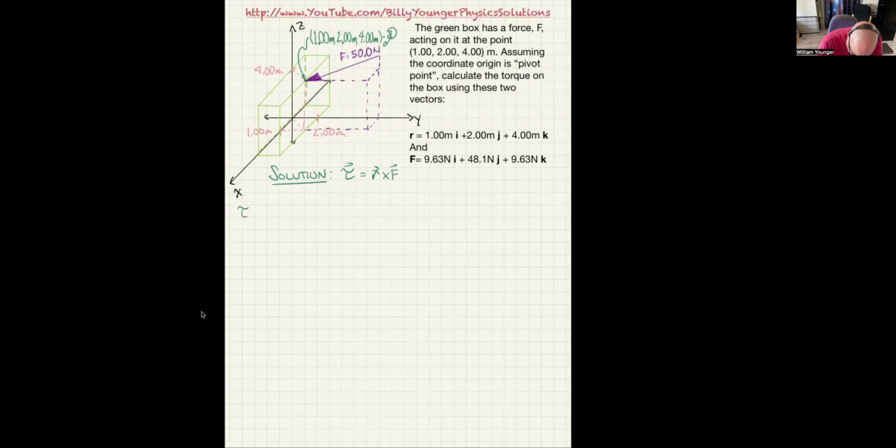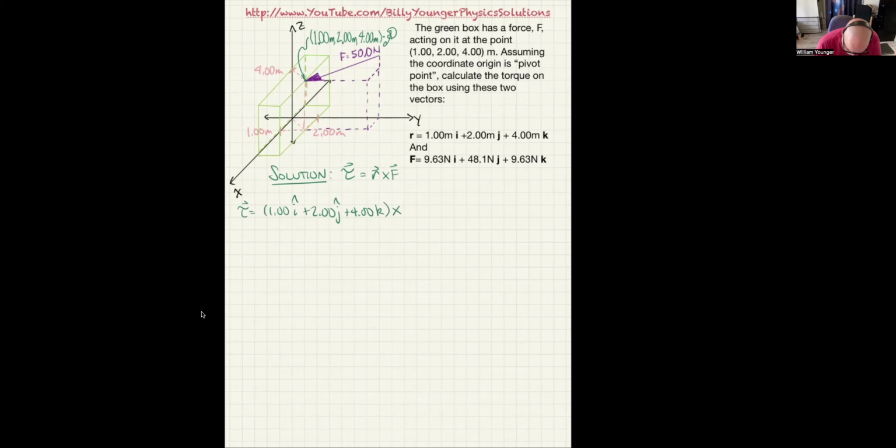I'm going to say torque is equal to r cross F, and instead of r, I'm going to write 1.00 i hat, leaving the units off here for obvious reasons, plus 4.00. I might even drop some of the sig figs as well.